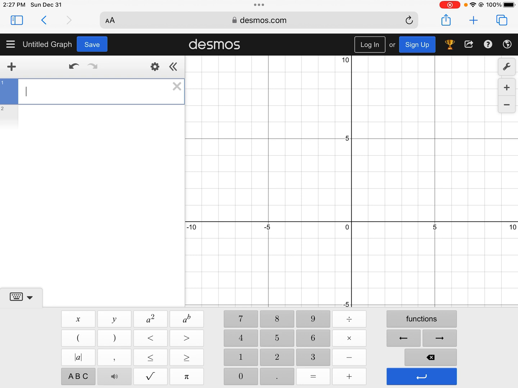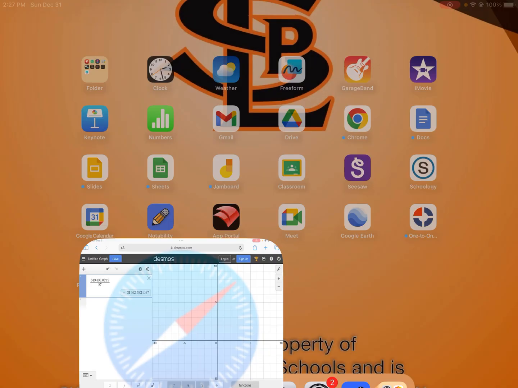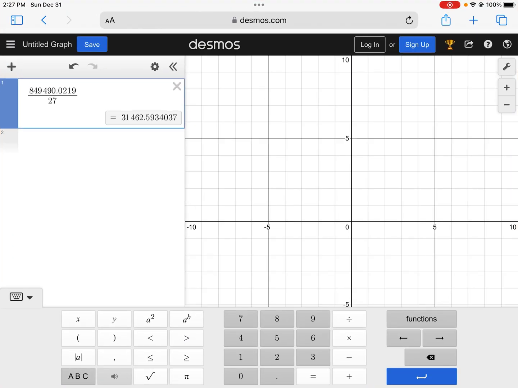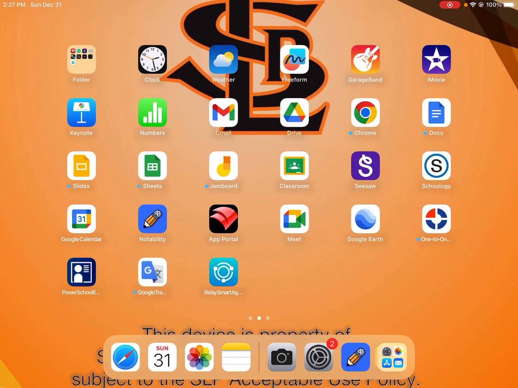So 849,490.0219 divided by 27 is 31462.59.